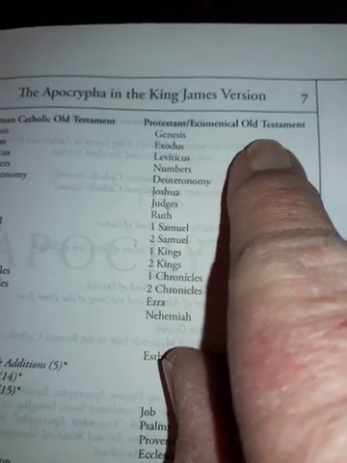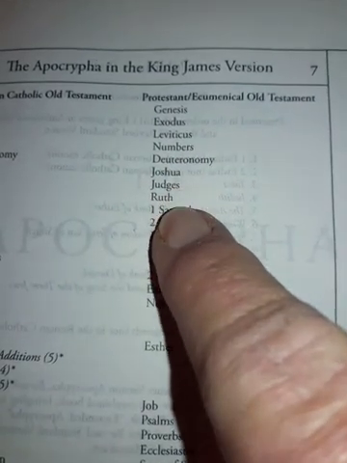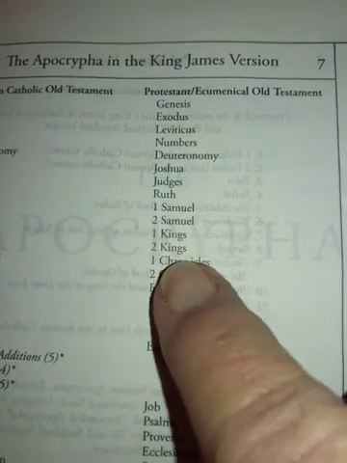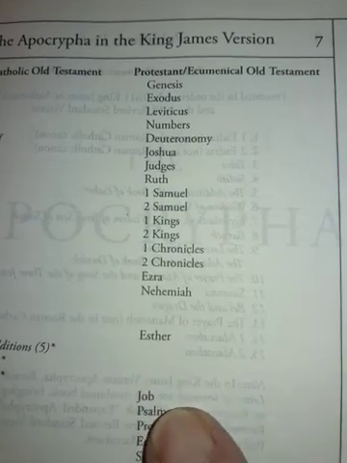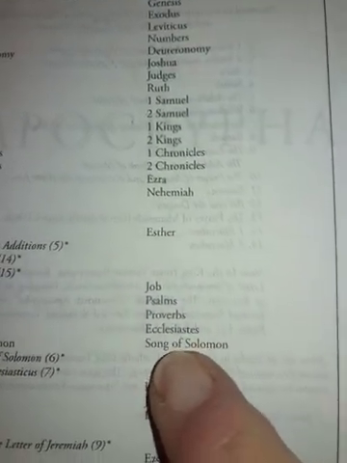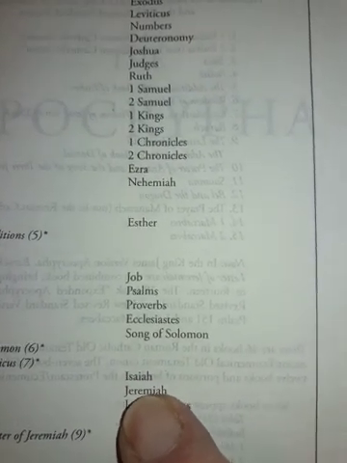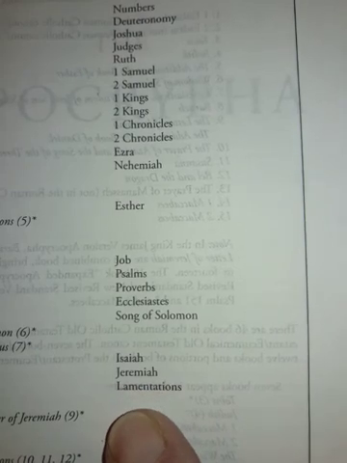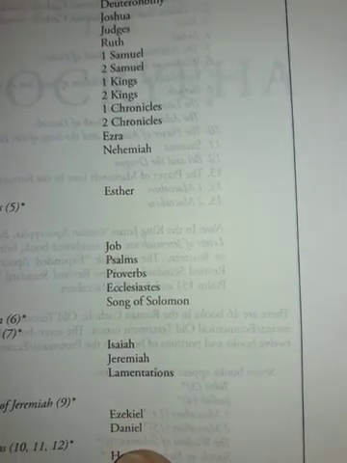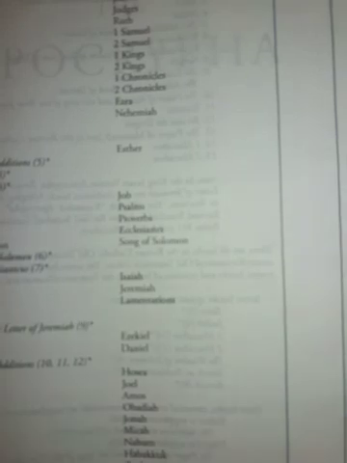So then it lists the Protestant ecumenical Old Testament: Genesis, Exodus, Leviticus, Numbers, Deuteronomy, Joshua, Judges, Ruth, First and Second Samuel, 1st and 2nd Kings, 1st and 2nd Chronicles, Ezra, Nehemiah, Esther, Job, Psalms, Proverbs, Ecclesiastes, Song of Solomon, Isaiah, Jeremiah, Lamentations, Ezekiel, Daniel, Hosea, Joel, Amos, Obadiah, Jonah, Micah, Nahum, Habakkuk, and Zephaniah, Haggai, Zechariah, and Malachi.